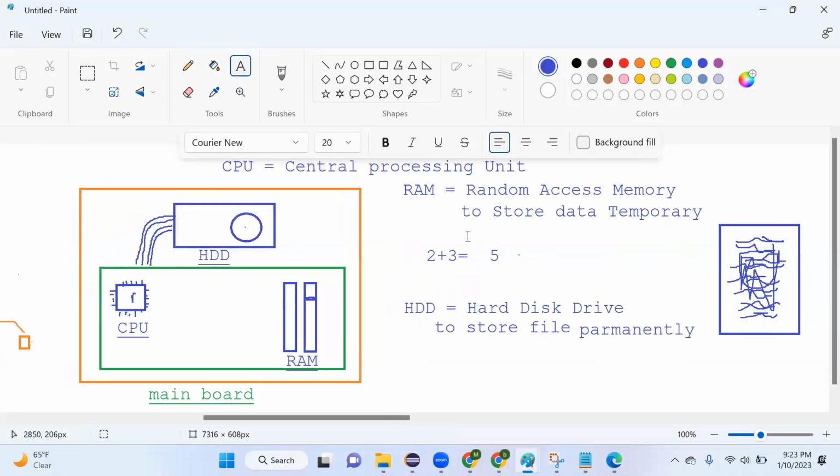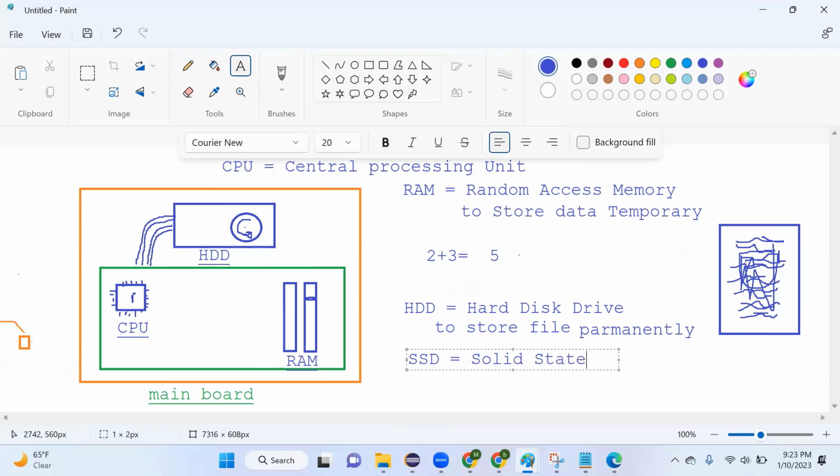And nowadays, instead of cylindrical hard disks, which long before were cylindrical and rotated at speed, the hard disks have become SSD, solid state drive, like your pen drive or USB drive, a small pen drive, 20 GB, 10 GB.